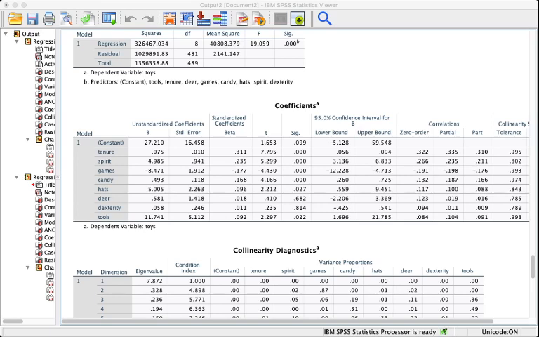More than looking at the B or the beta, we really want to look at these part and partial correlations. The higher the correlations here, the more variance that the predictor is able to explain in the outcome variable.